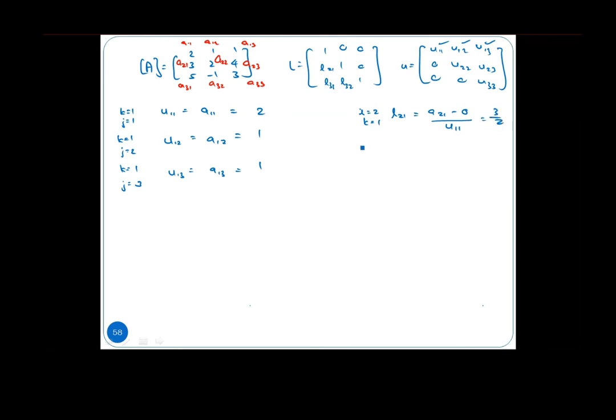We can also find L31: I equals 3, K equals 1, L31 equals A31 minus 0 over U11, which equals 5 over 2.